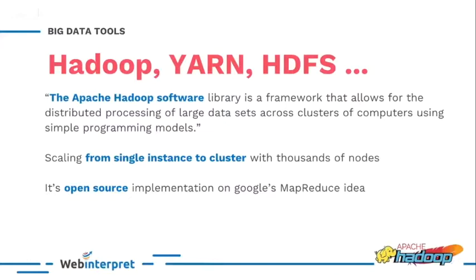So yeah, Hadoop was probably the first big data tool, and it's owned by the Apache Software Foundation. It's basically the open source implementation of the MapReduce idea prepared by Google, and it's a framework that allows you to process data in a distributed way and process a lot of data.